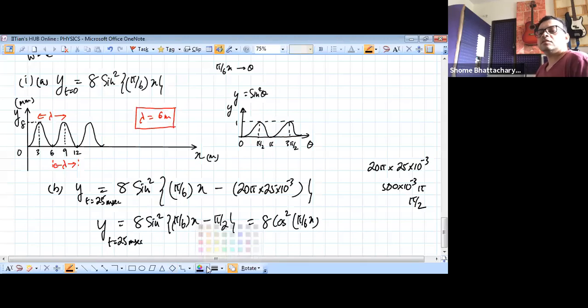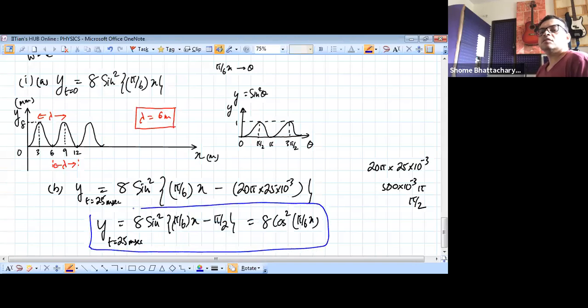So now if I just superimpose this snapshot picture on the first one, you see now it looks like this. This is what it looks like at t equal to 25 milliseconds, whereas this is what it was looking like at t equal to 0. So you can see that these are all shifting like this.